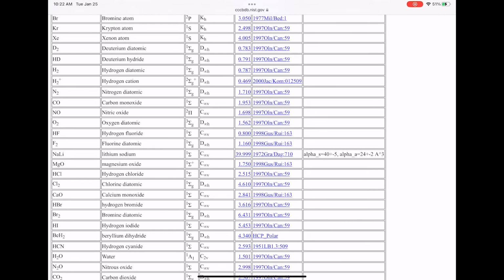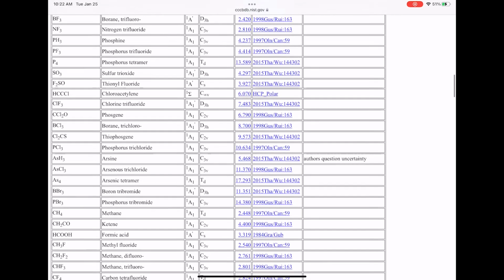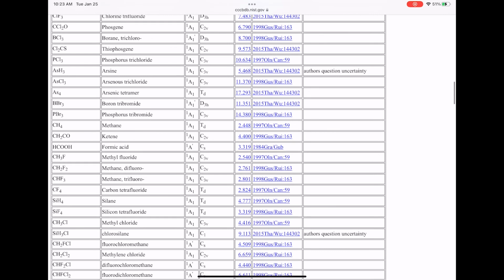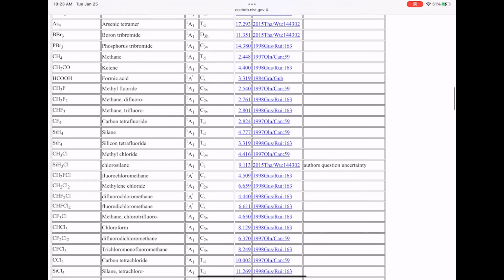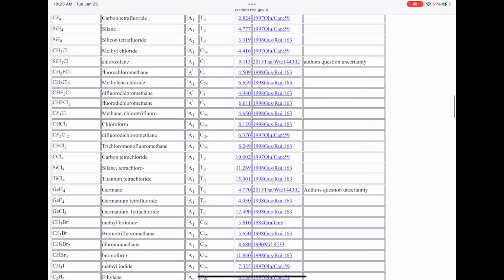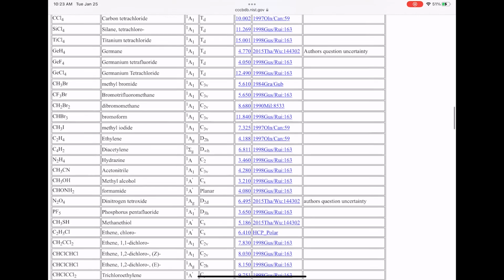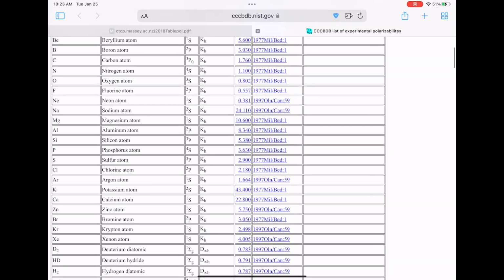And here we see a lot of commonly seen molecules in organic chemistry, like formic acid or chloroform, etc., ethylene, etc. And so this table is very useful when you're comparing the polarizabilities of molecules.